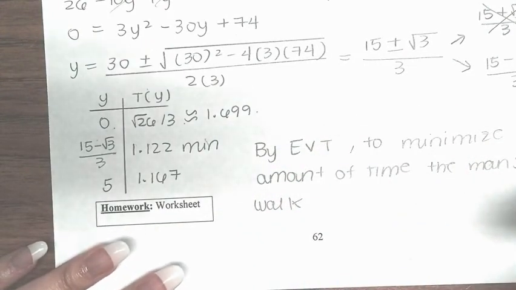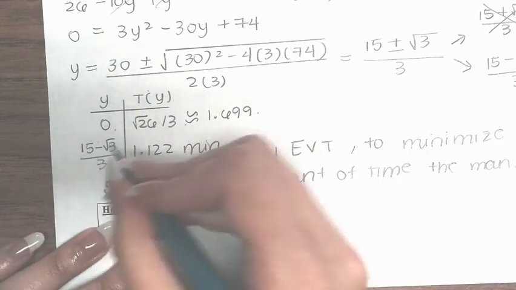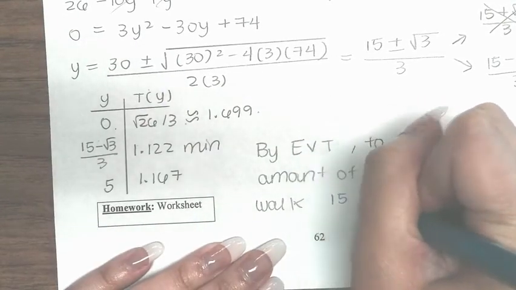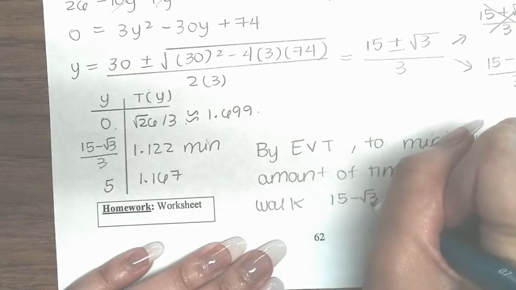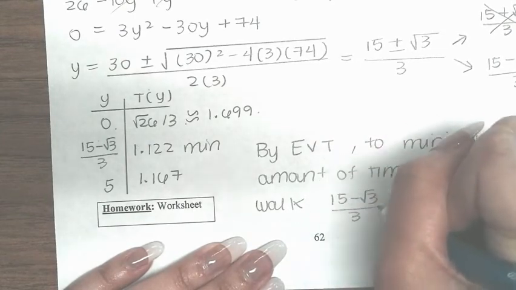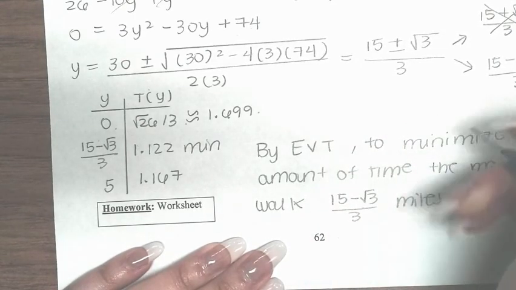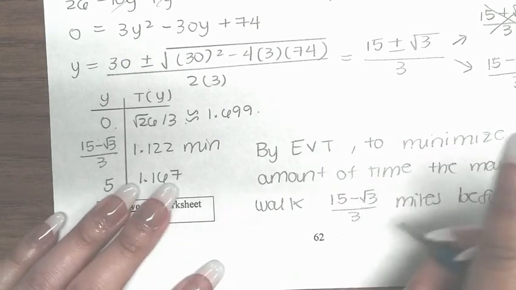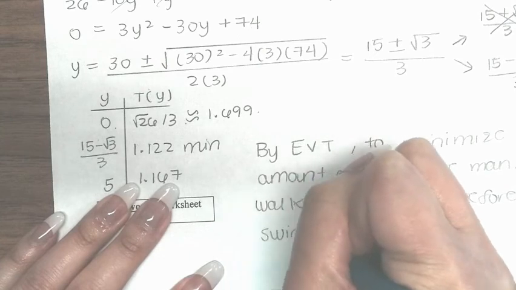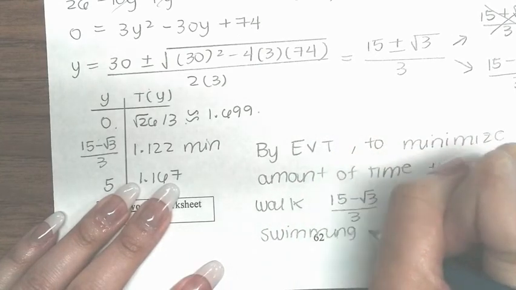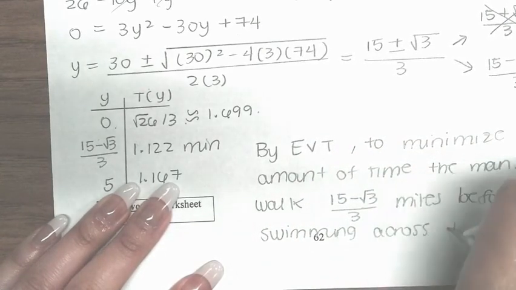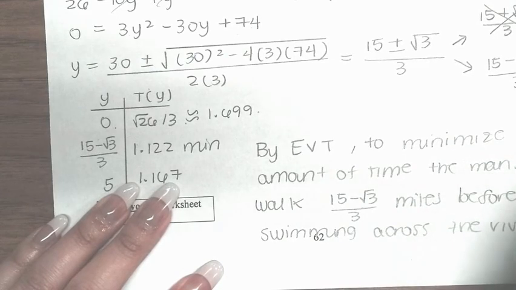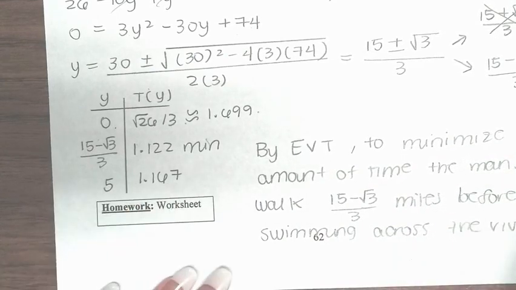We know that y, what's the y? This one: 15 minus root 3 divided by 3 miles before swimming across the river. Swimming across the river, and that's pretty much it.